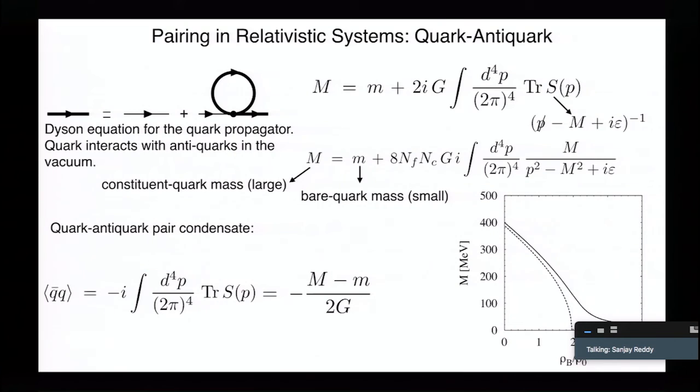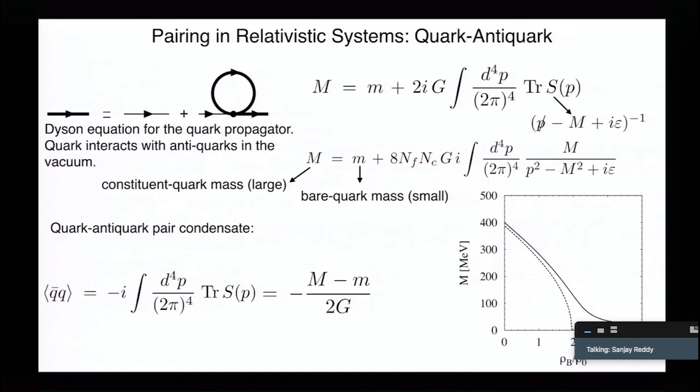Now, as you increase the density, because the quarks and the antiquarks are now separated by the Fermi surface, the interaction between quarks and antiquarks becomes suppressed as you increase the density of matter. So in the vacuum, there's no finite Fermi surface. So when you calculate this, when you do this integration, you don't have to worry about all the Pauli blocking of states between 0 and the Fermi momentum. So you get a large value.